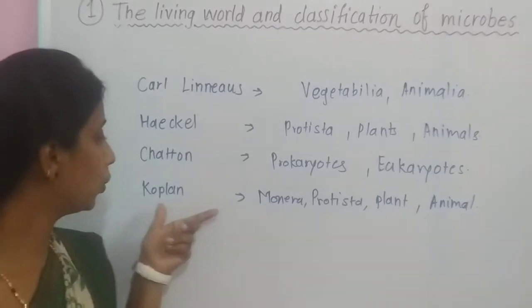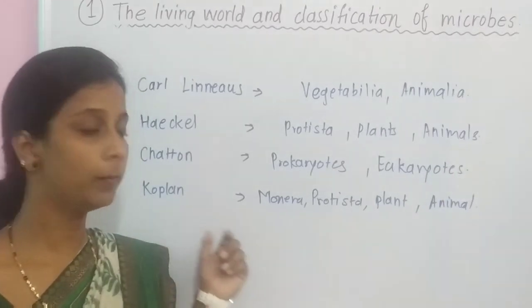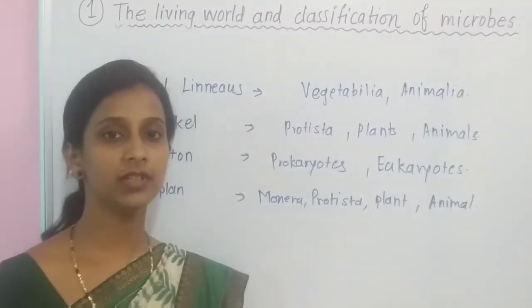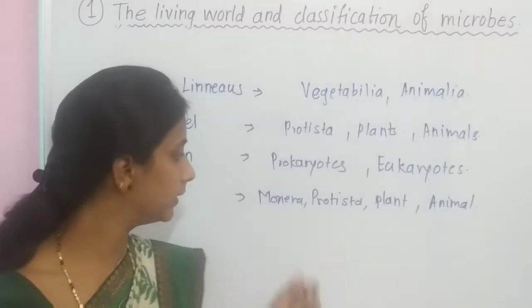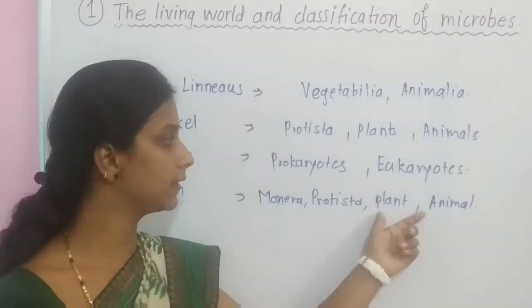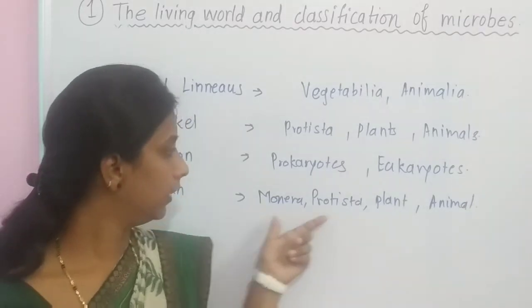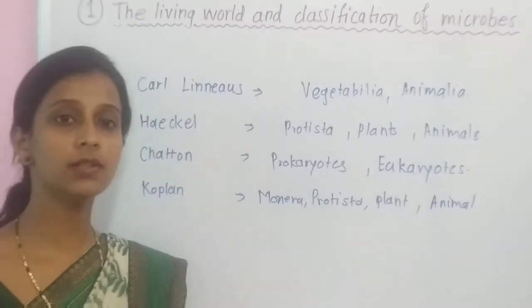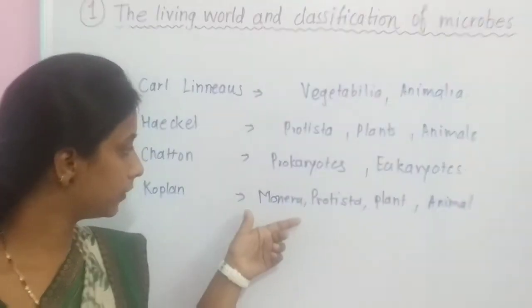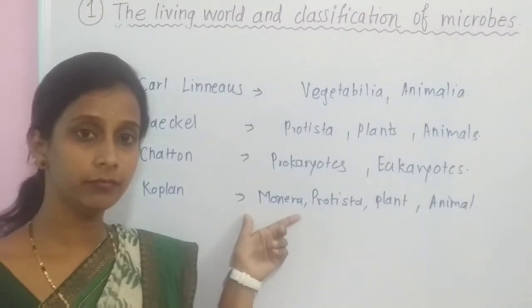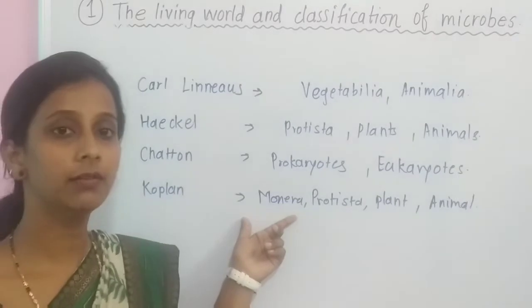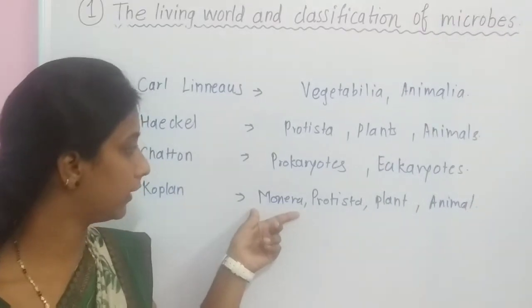Then comes Copeland. The scientist Copeland divides living organisms into four groups: Monera, Protista, plants and animals. The unicellular microorganisms which do not have developed cells he put into Monera.